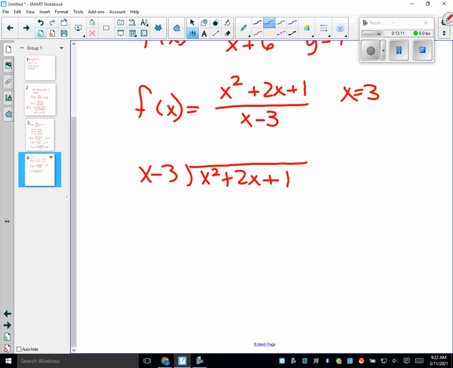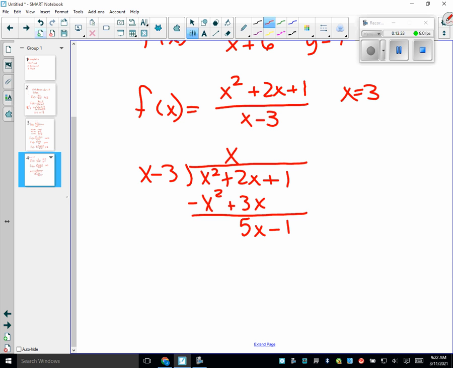So what do I multiply x by to get x squared? X. Isn't this x squared minus 3x? Now what do I do? Change the signs. And I get 5x minus 1. What do I multiply by?